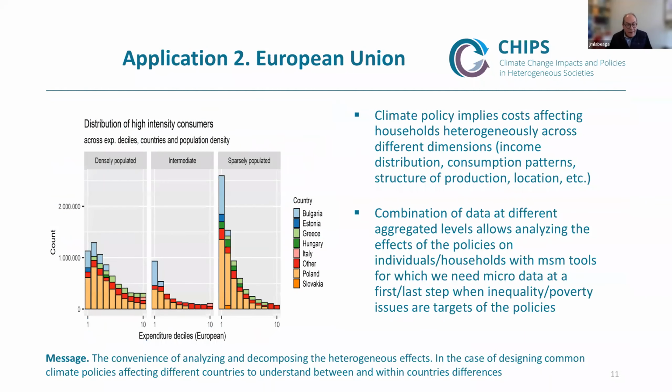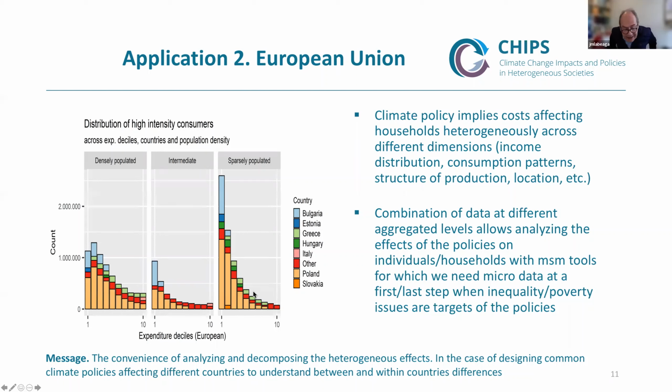This is one of them, where we can observe that the effects of climate policy are the introduction of some costs affecting households very heterogeneously across different dimensions: income distribution, consumption patterns, structure of production, location of the household. The combination of data at different levels of aggregation allows analyzing the effect of the policies on households once we have the household budget survey, in order to see the effects of these policies before or after defining a scheme of transfer, a scheme of redistribution.